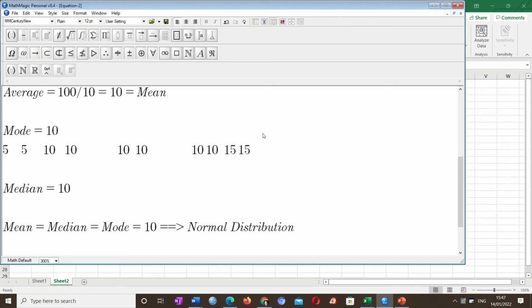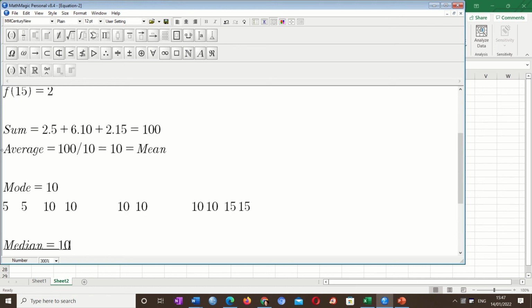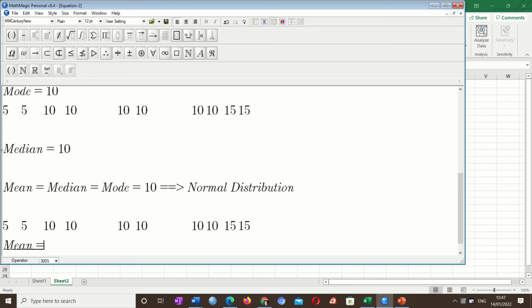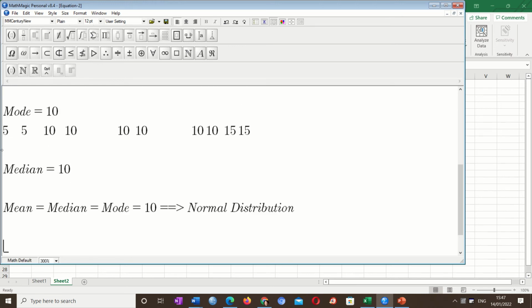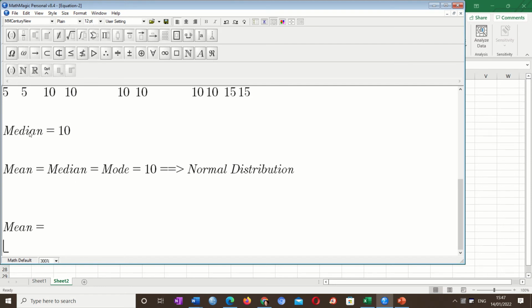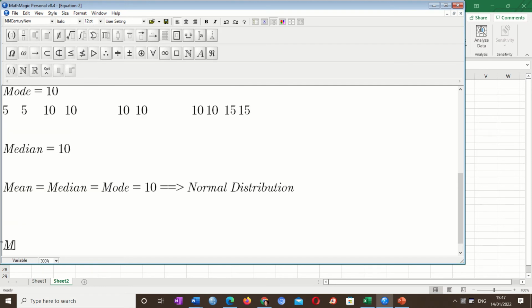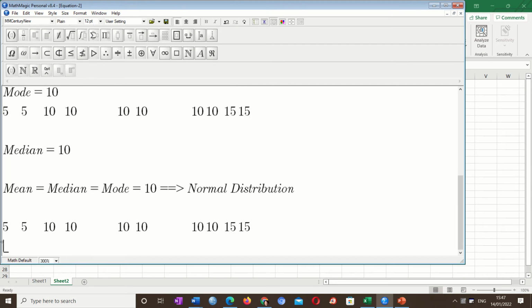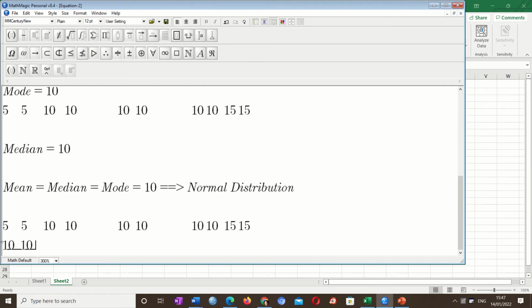So, in order to find variance and standard deviation, I have to subtract the mean from each of these numbers. So the mean is 10.